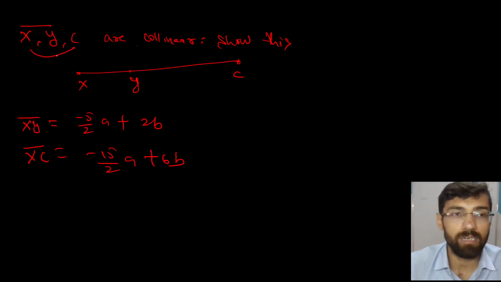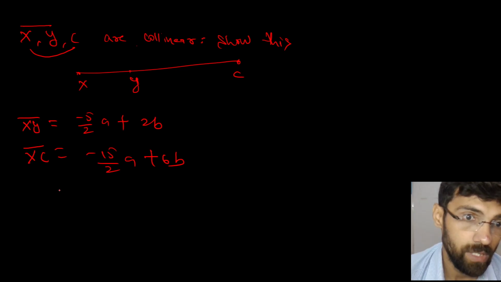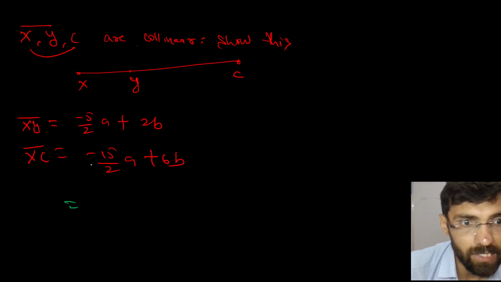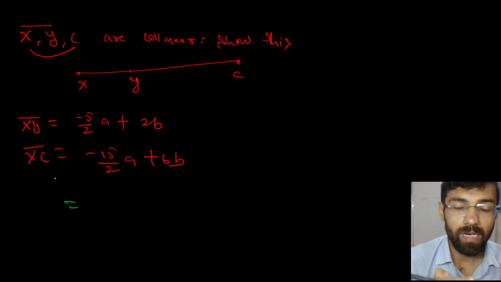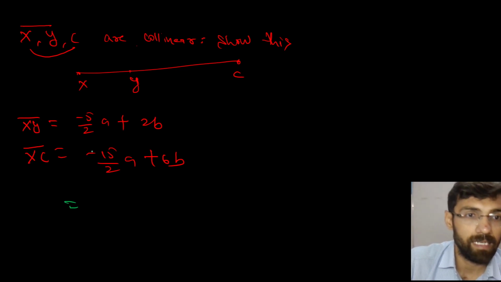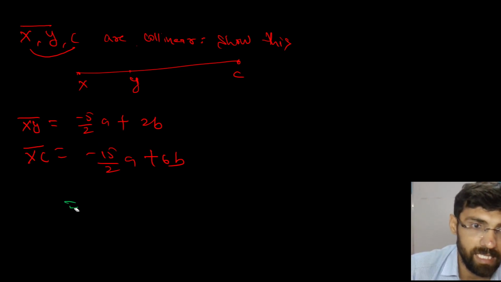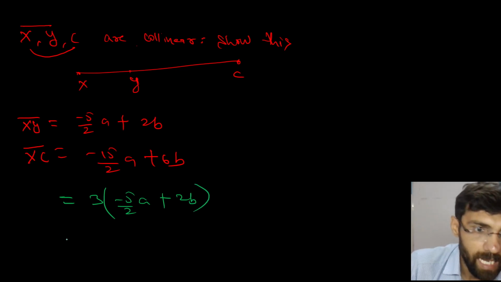Now I will try to represent one vector in terms of another, and you can do this by taking 3 common. If I take 3 common from here, I will be left with minus 5 by 2a plus 2b, and this is your XY.